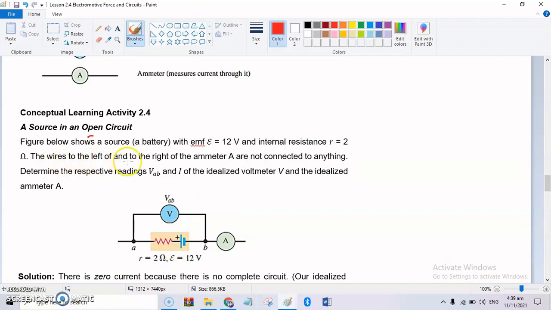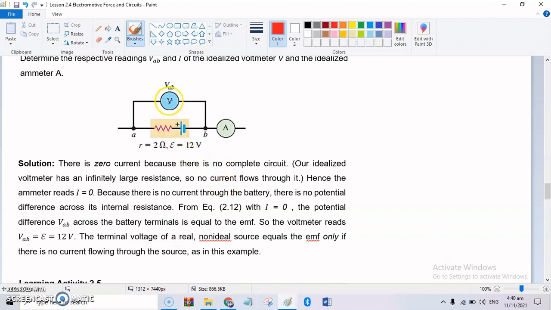The wires to the left of the EMF and to the right of the ammeter, this is the ammeter A, are not connected to anything. So it is an incomplete circuit. Determine the respective readings VAB, so this is a voltmeter, and the current I of the idealized voltmeter and the idealized ammeter. So there's a voltmeter connected in this EMF wire, and an ammeter connected outside this EMF.